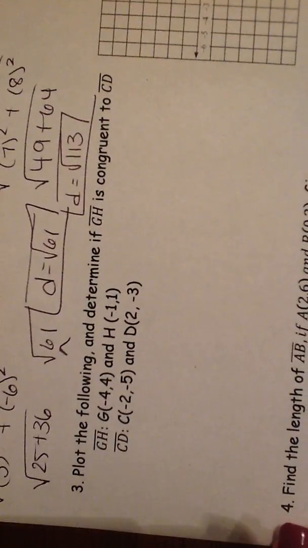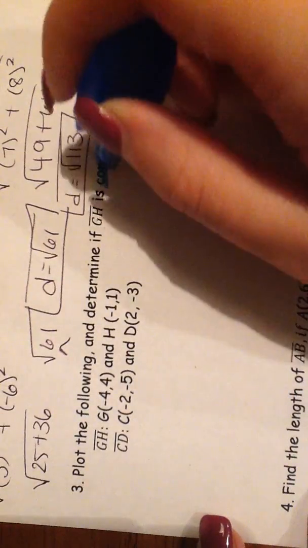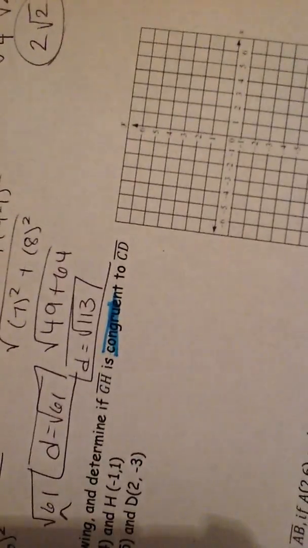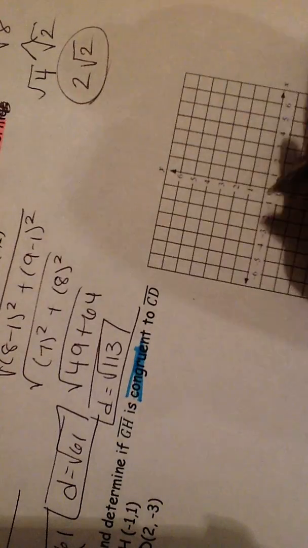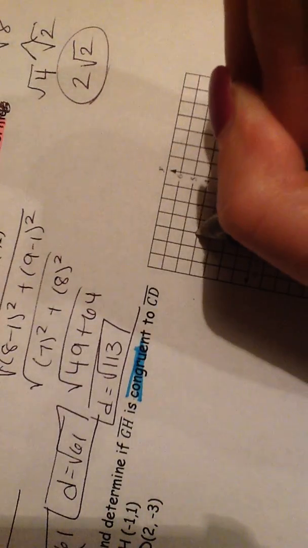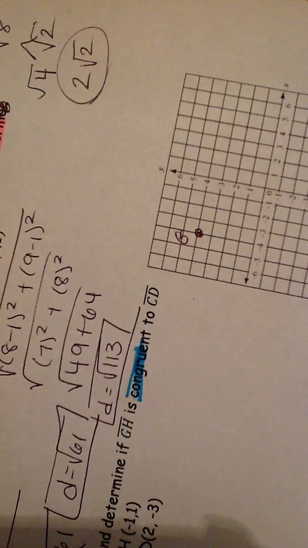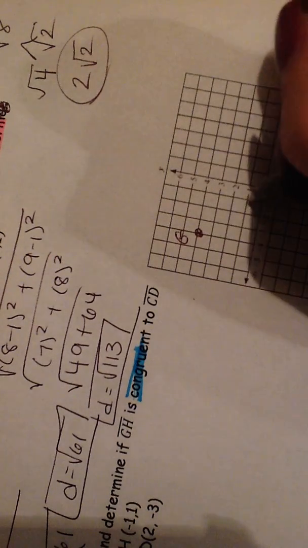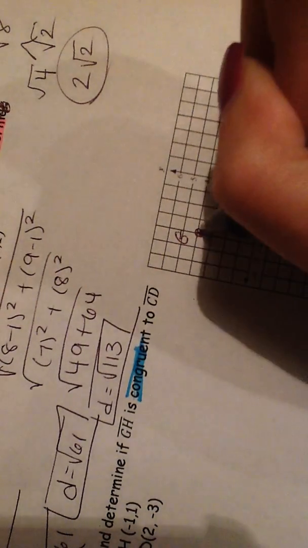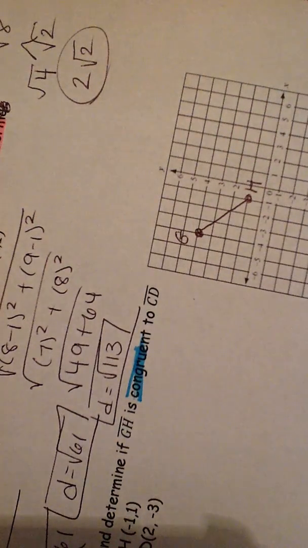It says, plot the following and determine if GH is congruent to CD. So I'm going to highlight where it says the word congruent. And I'm going to go ahead and plot my points. So I'm going to plot negative 4, 4, which is G. And notice when I plot it, I'm going to name it G, so my brain remembers that's G. And then I'm going to do negative 1, 1, and I'm going to label that H, and then I'm going to connect my dots.